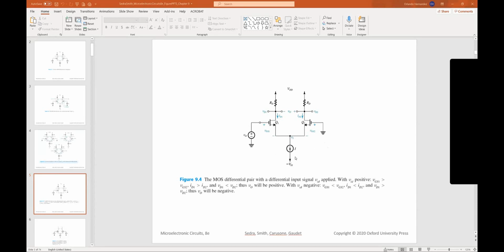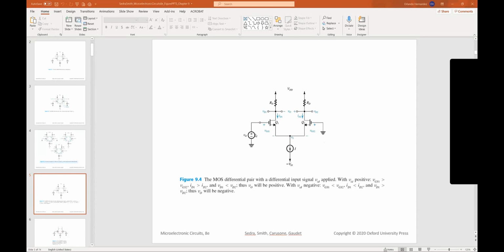And that's the same figure, but now we have the gate of transistor 2 grounded, and we are applying all our differential voltage at the gate of transistor 1.